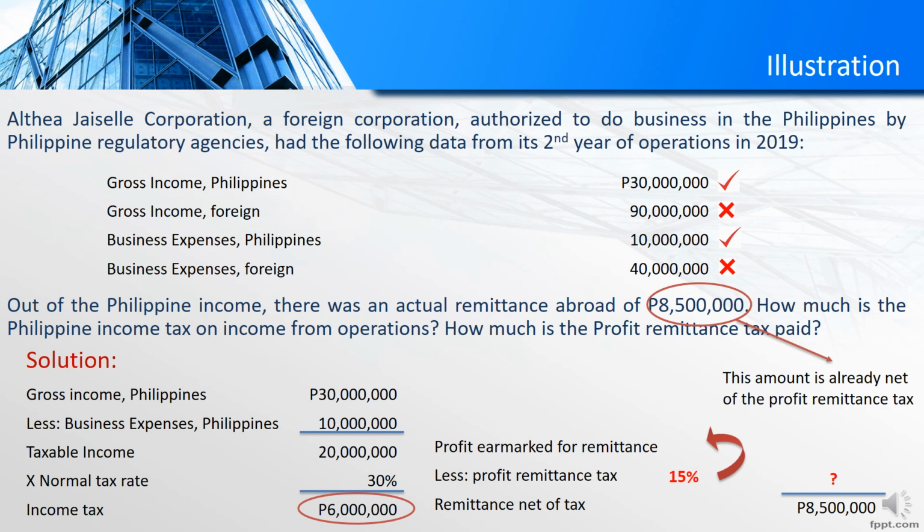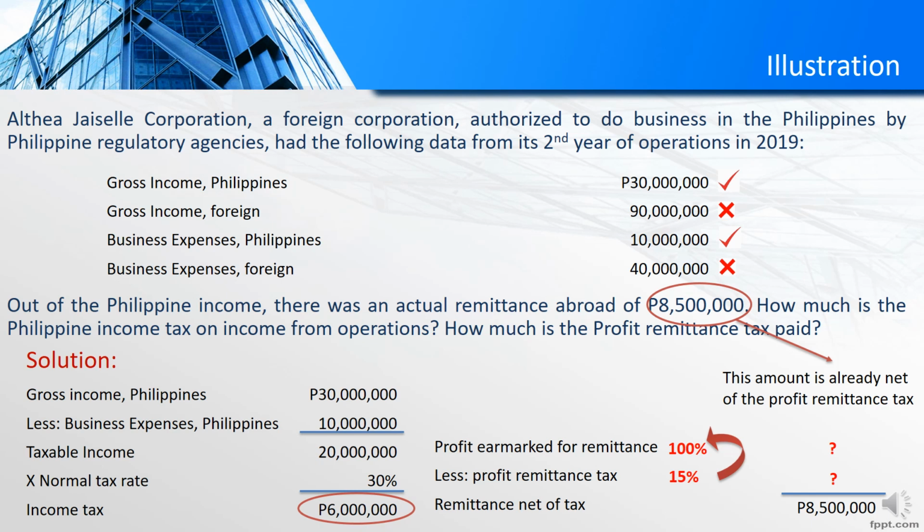Since this is the unknown, profit earmarked for remittance is also unknown, and the profit remittance tax of 15% is based on the profit earmarked for remittance, then we can say that the profit remittance tax is 15% of profit earmarked for remittance, which is equivalent to 100%.